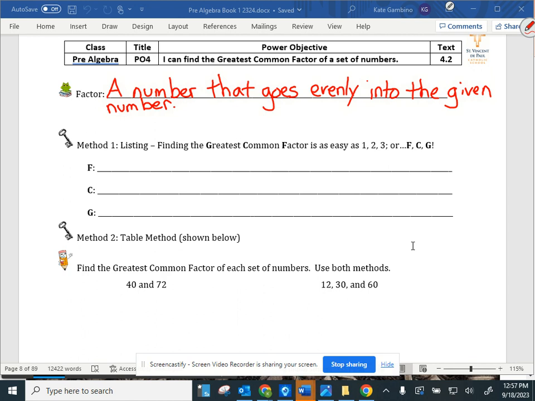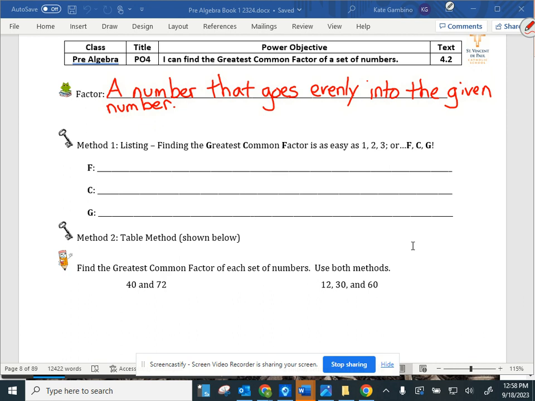So it goes evenly into it. So you could have 1.5 times 2 equals 3, but we wouldn't say that 1.5 is a factor of 3. So that's why I'm clarifying the way you were explaining it. It has to go evenly into it. It has to be a whole number to be that factor, right? It goes evenly into it. So it wouldn't be 1.5 as a factor of 3.